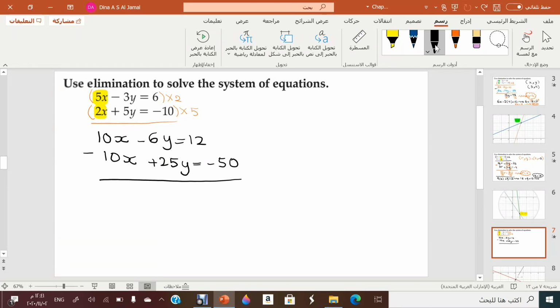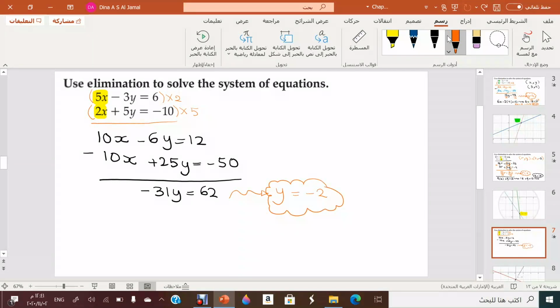Let's simplify further. It will be minus 31y equals 62. And with solving this equation, you will be having y equal minus 2.